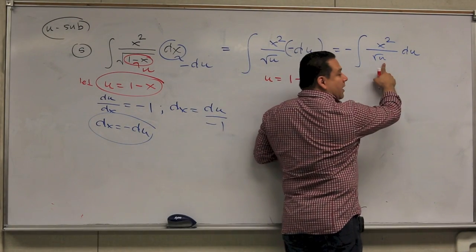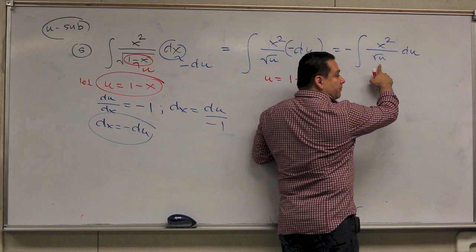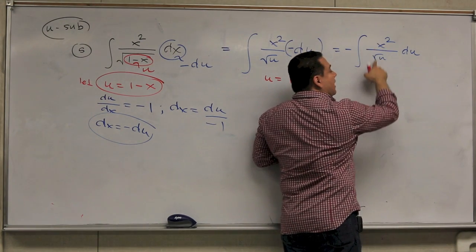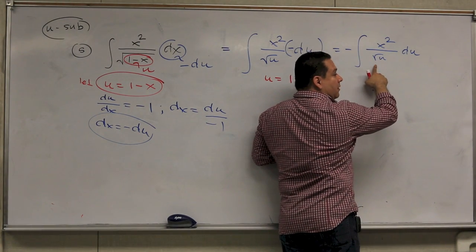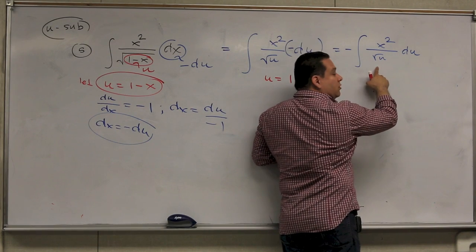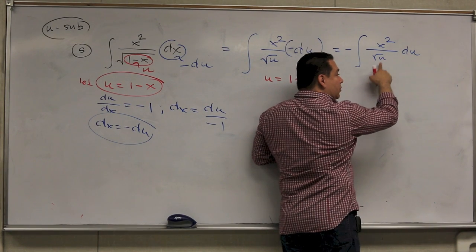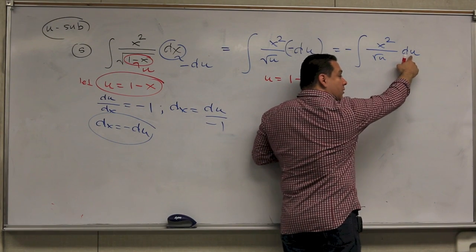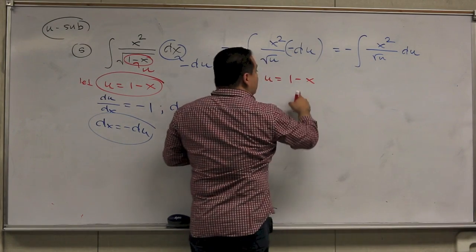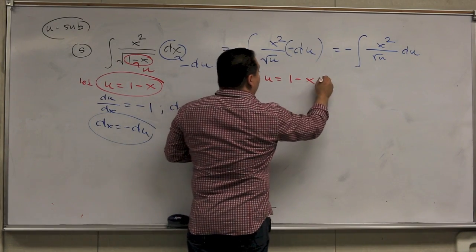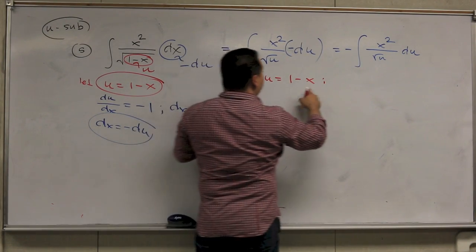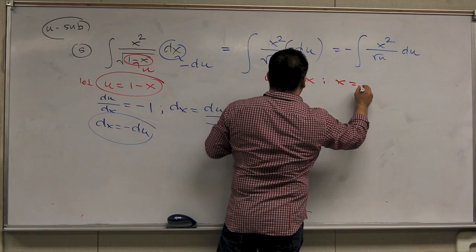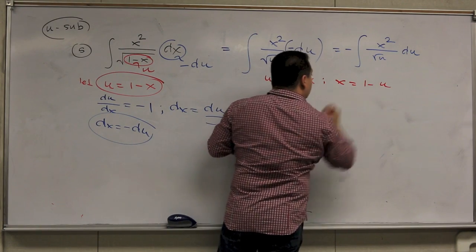You need an integrand that is a function of u. This is a function of both x and u, two variables, not one. So you need an integrand that's a function of only one variable, u, because we're integrating with respect to u. So what I'm saying is, if I solve for x, isn't x equal to 1 minus u?